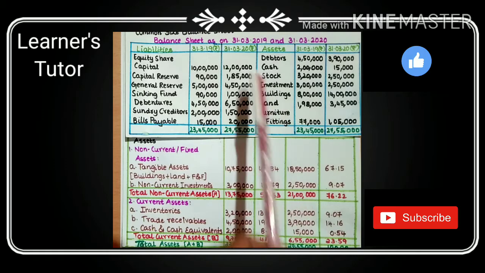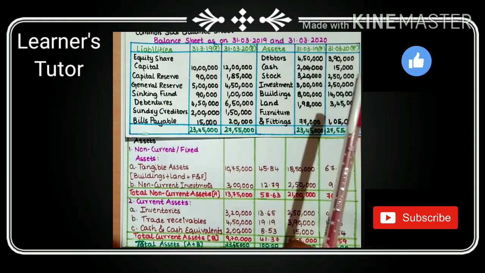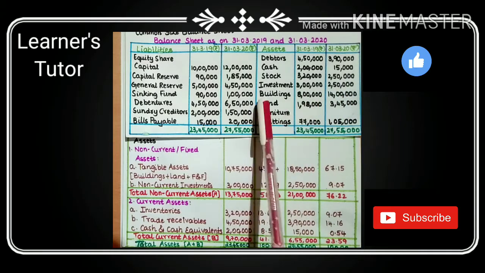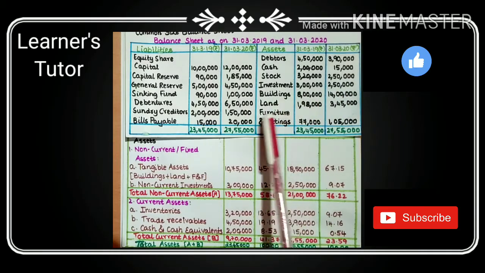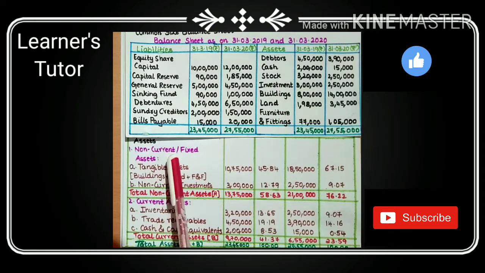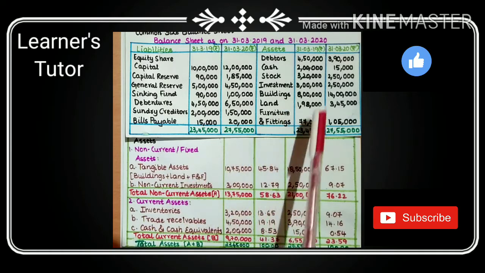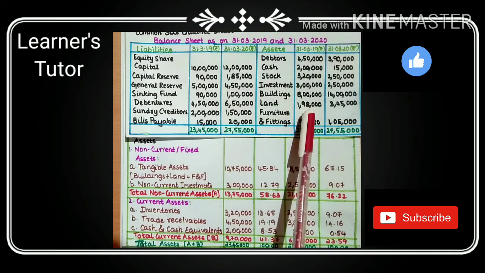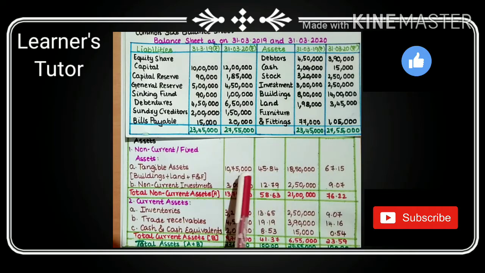Next, assets. First let us record all the fixed assets, that is buildings, land, furniture and fittings. Those are all tangible assets. Non-current assets are also known as fixed assets. Under tangible assets we have 8 lakh plus 1,98,000 plus 77,000, which will give you 10,75,000.